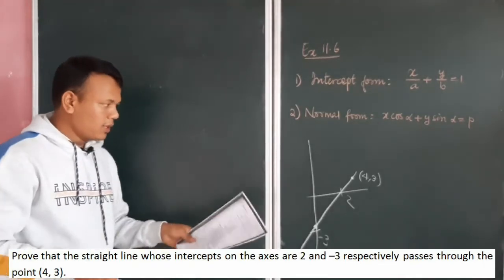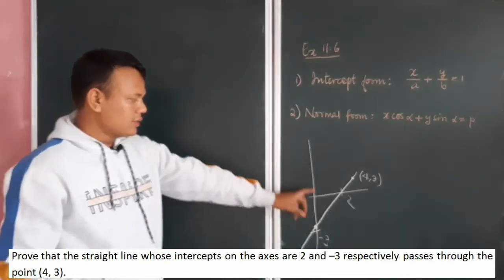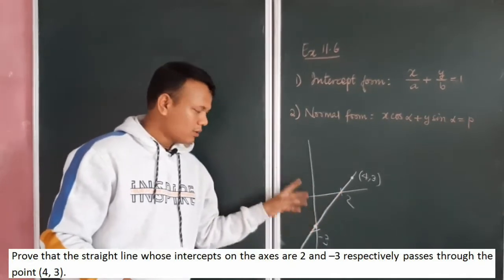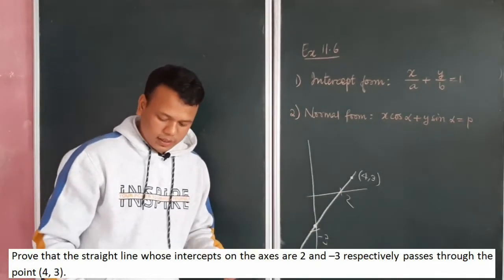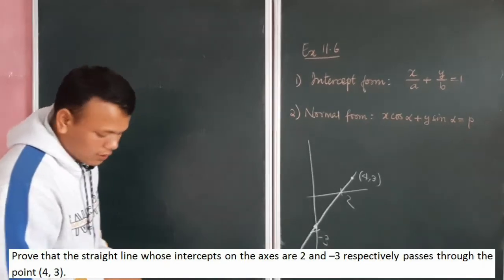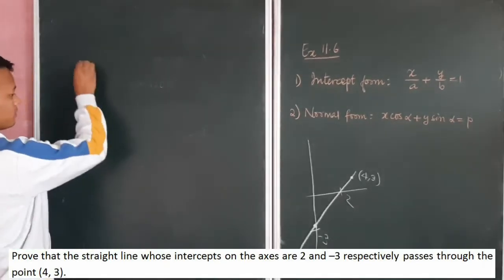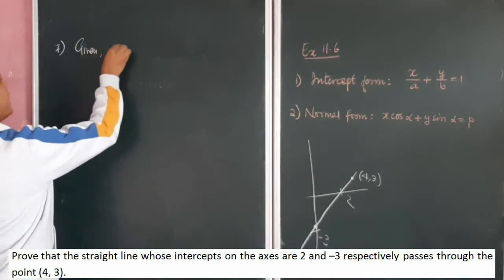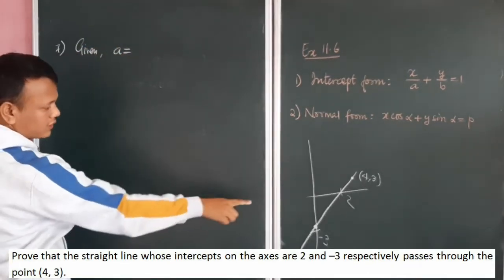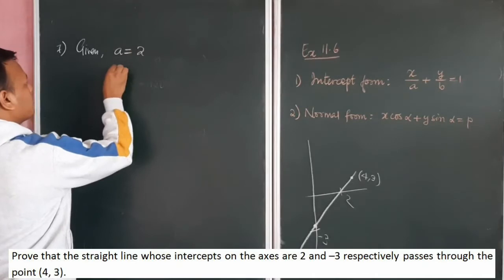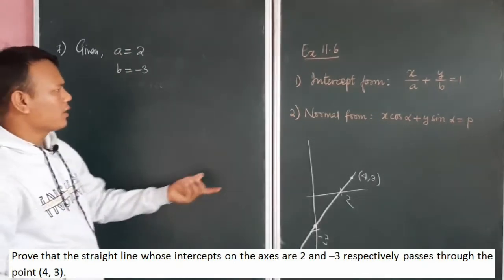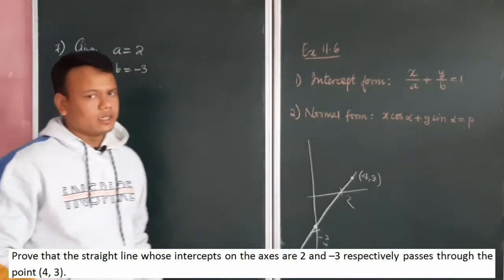Let me begin with the problem. As both the x intercept and y intercept are given to us, let's make use of these two things. Given a, the x intercept, is 2 and b is minus 3. If a and b are given, then use the intercept form to find the equation of the line.